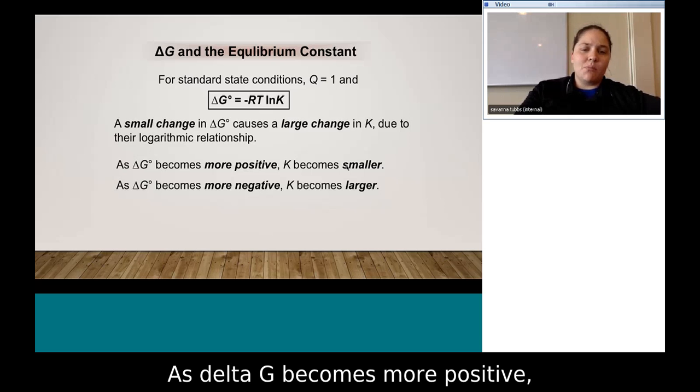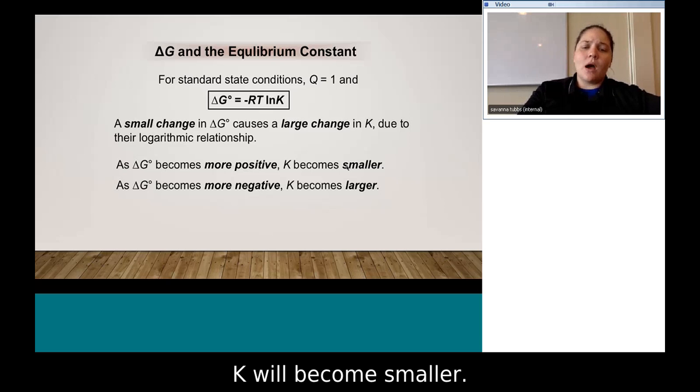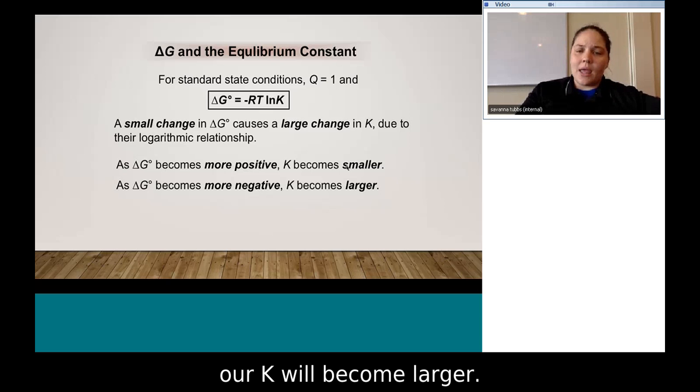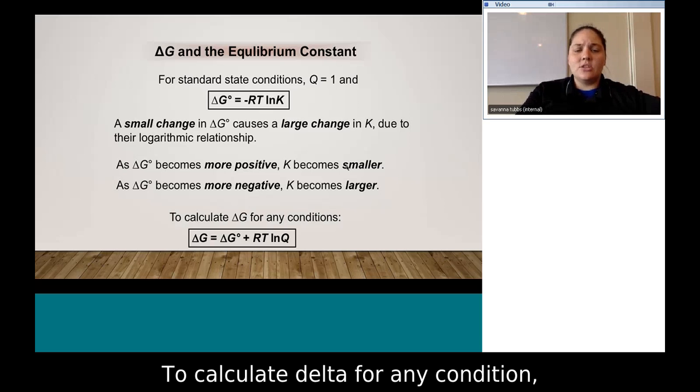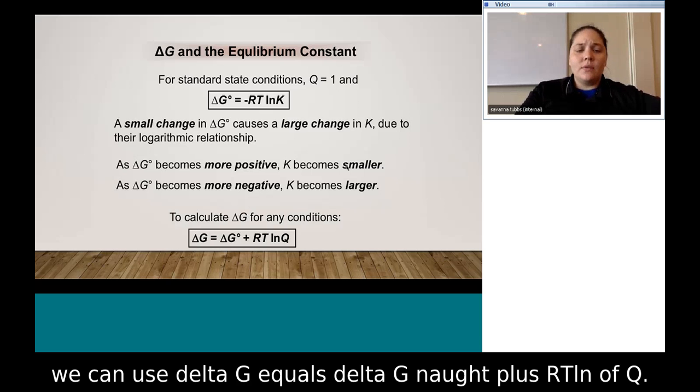As delta G becomes more positive, K will become smaller. When delta G becomes more negative, our K will become larger. To calculate delta G for any condition, we can use delta G equals delta G naught plus RT ln of Q.